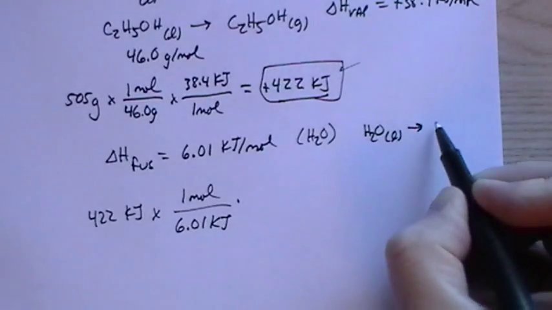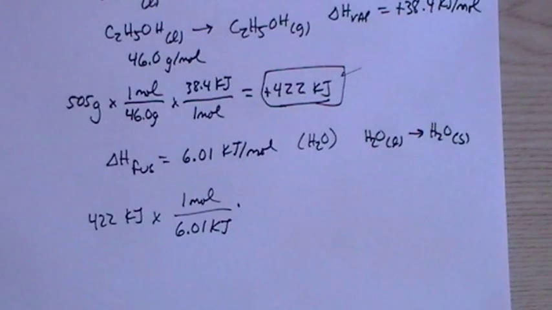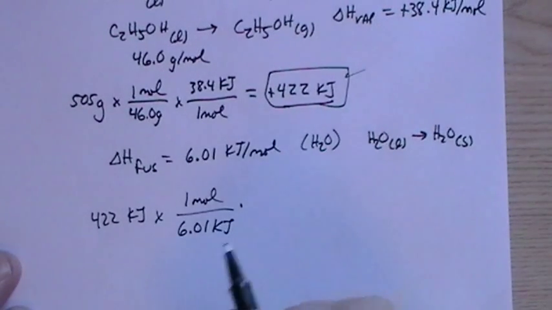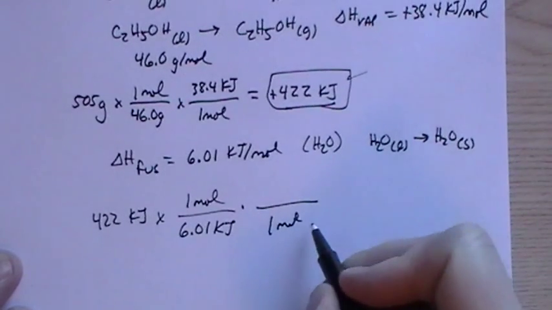And again, we're assuming that we're right at 0, so we don't have to use that Q equals S times M times delta T equation. Though there may even be a problem in the back of your book where you have to use both of them. We're not going to worry about that.